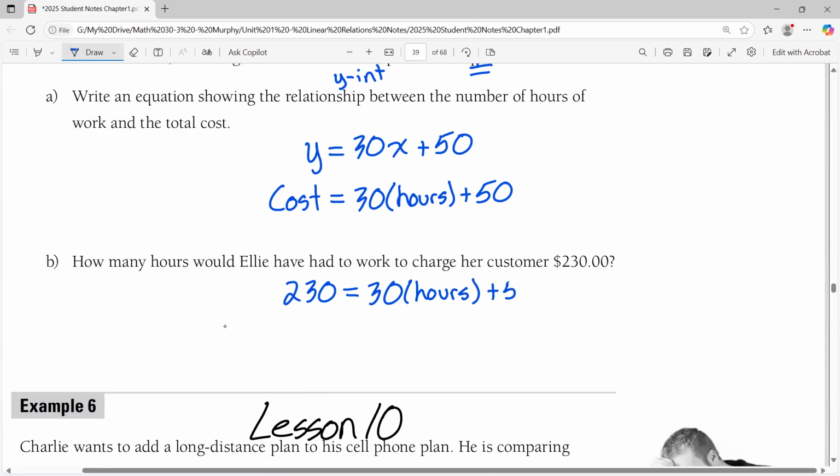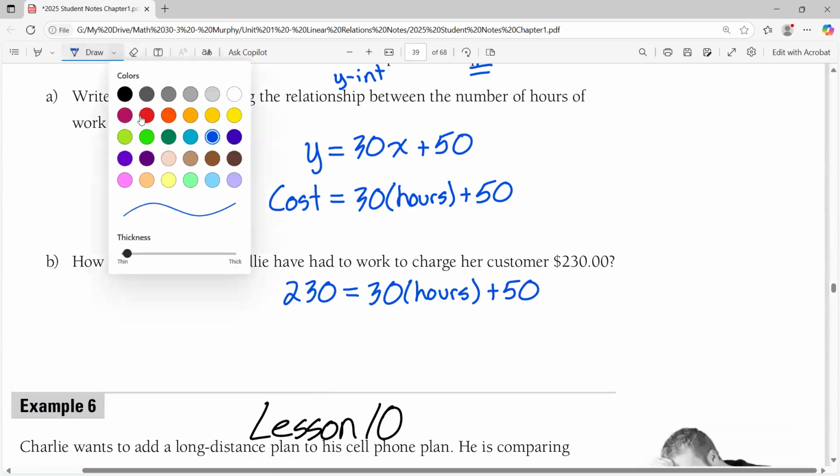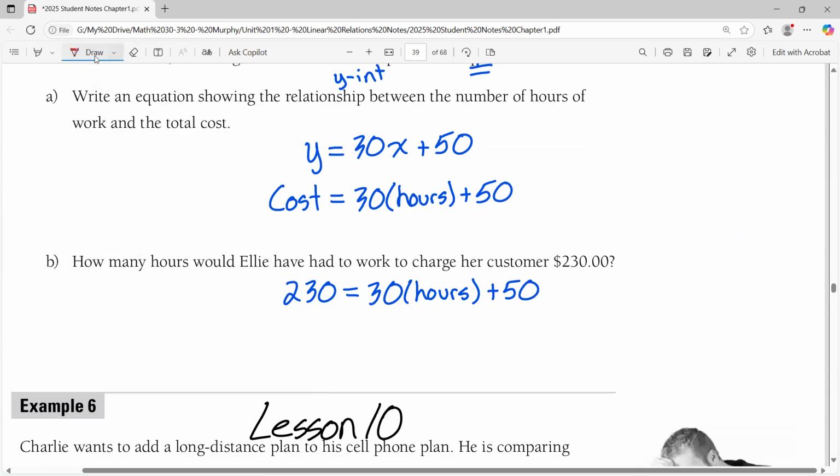Plus the 50. Okay, if we want to figure out how many hours, we should subtract the 50. It's plus 50, so you got to subtract. So take off that. This is essentially what we're doing. We're taking off the $50 flat rate fee to figure out how many hours she worked. That's really all we're doing here.